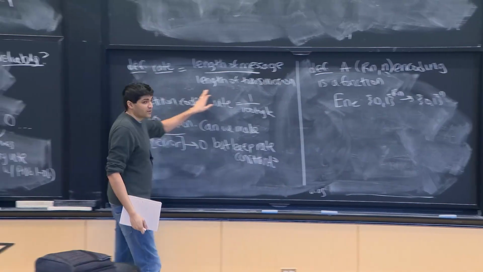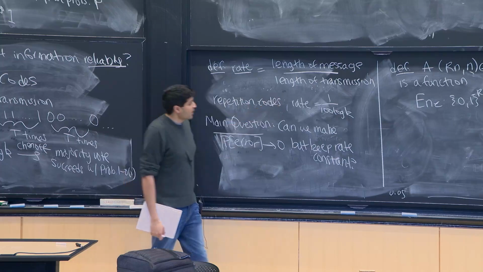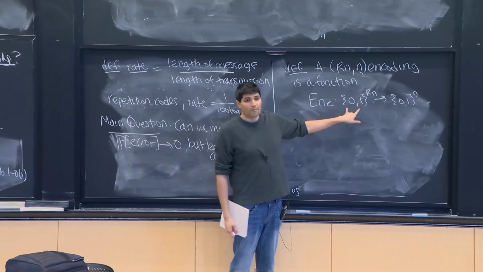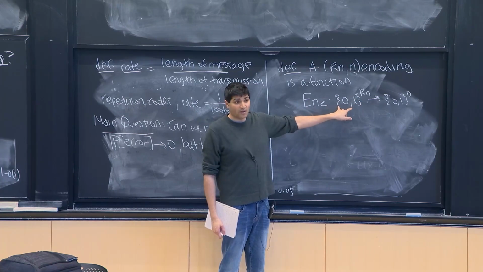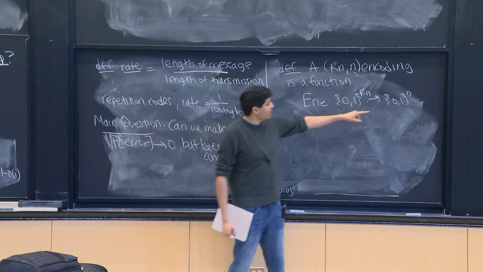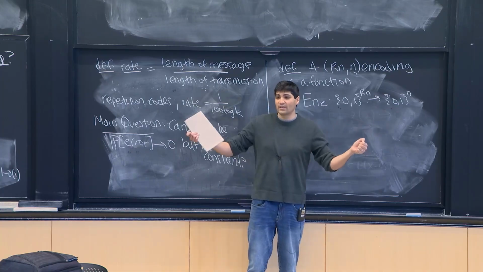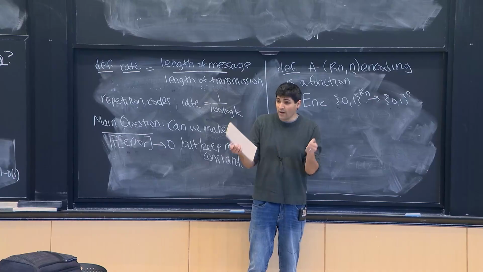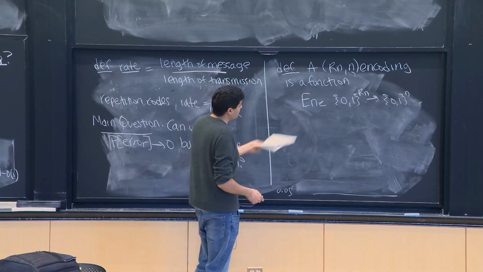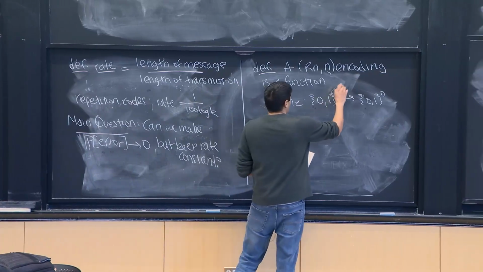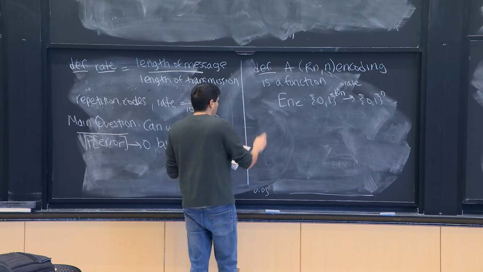R here represents the rate, and for us it will be between 0 and 1. You can see that I'm going from a shorter message, this is my k right here, which is Rn. This is the input that I want to send to another party. Then I decide how I'm going to transmit it along the channel using a longer message, so it goes from Rn to n. That's the first part, our encoding. And R right here is literally the rate of my code, so that's a parameter I'll care about.